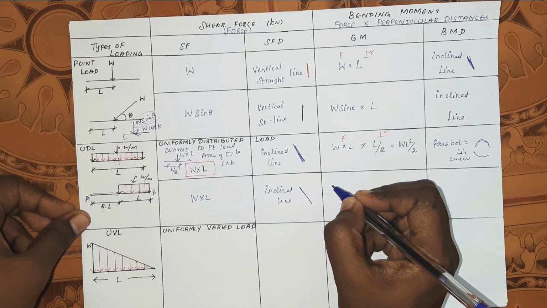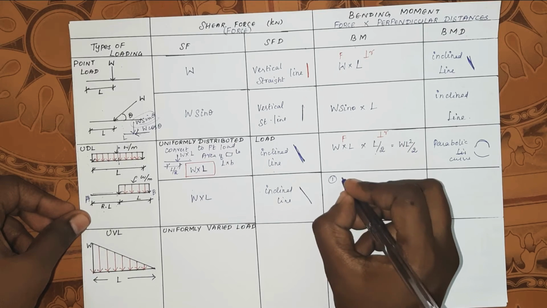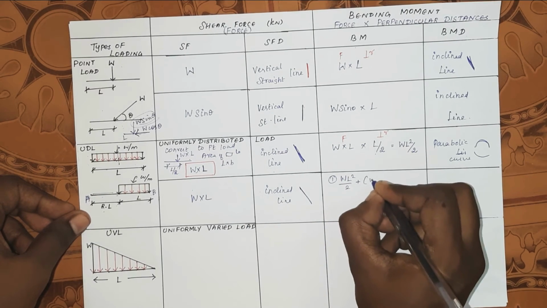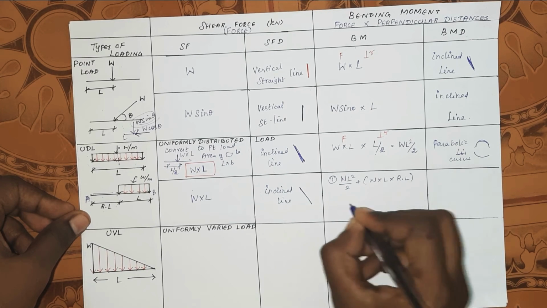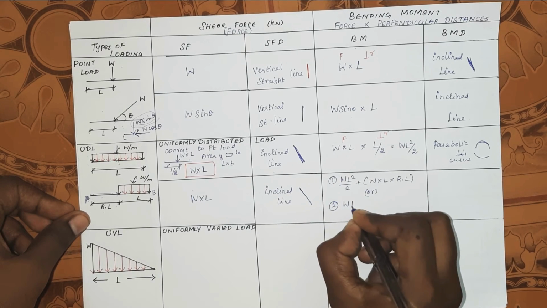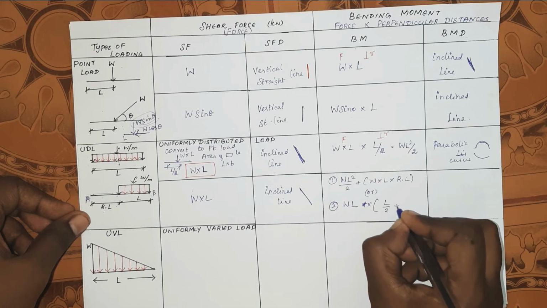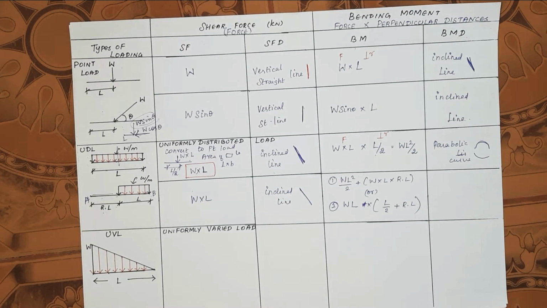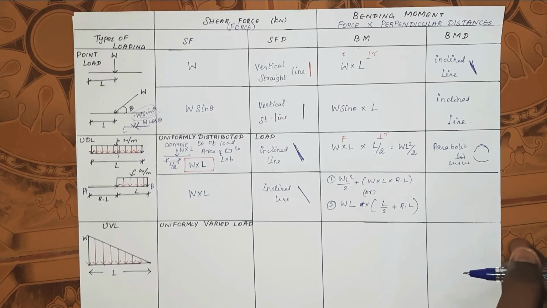First one is W L square by 2 plus W into L into the remaining length, or second one is W L into L by 2 plus the remaining length. The values are the same for both expressions, no difference in values.